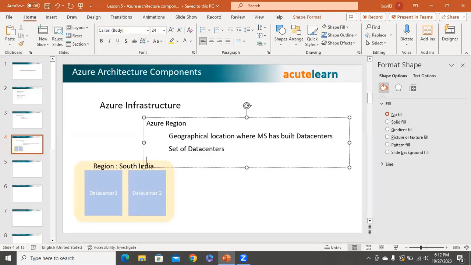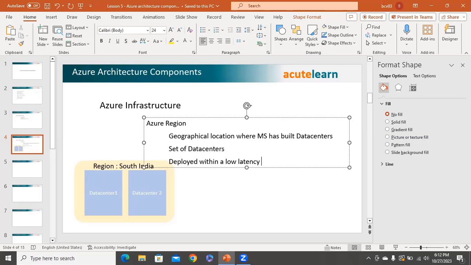And these data centers are deployed within low latency, which means they are not very far away.